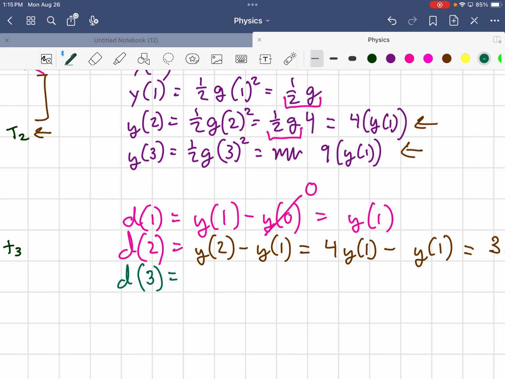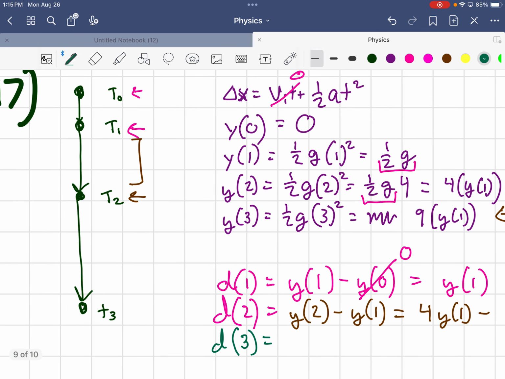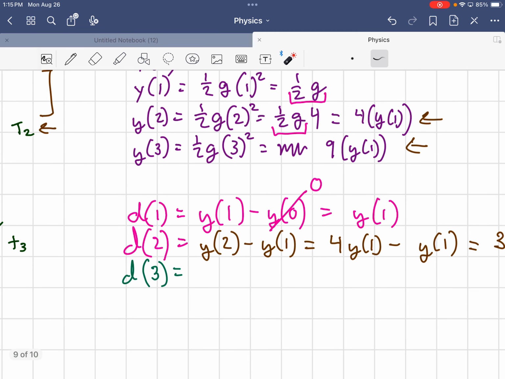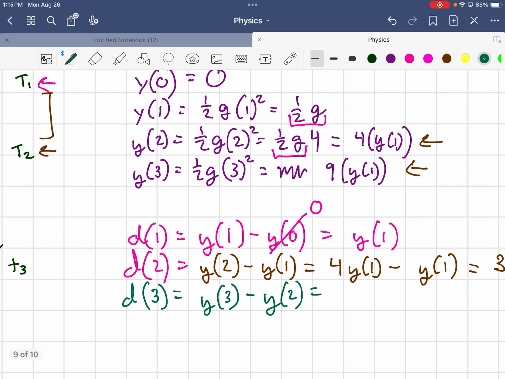So the distance for T3, we want this distance, so we're going to take this whole thing and we're going to subtract this. And that will leave us with just this. So when we do that with position functions, that's going to be y of 3 minus y of 2. And here's where we're going to use, I should probably move this.